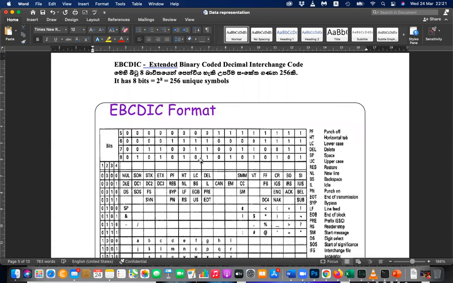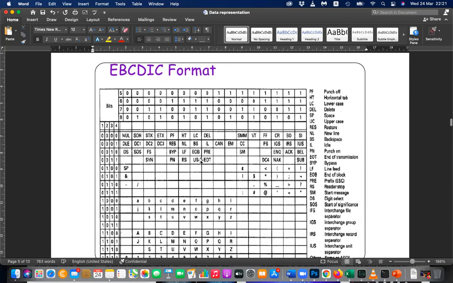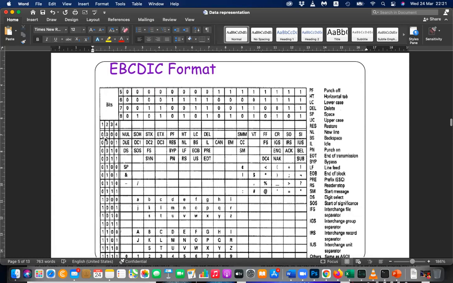And this chart, I have downloaded from the internet and attached to this, because no one will ask you to write the EBCDIC chart in the examination. It is not possible to remember everything, but you just need to know how these bits are. For example, simple A, you can see the first bit is 1, second bit is 0.